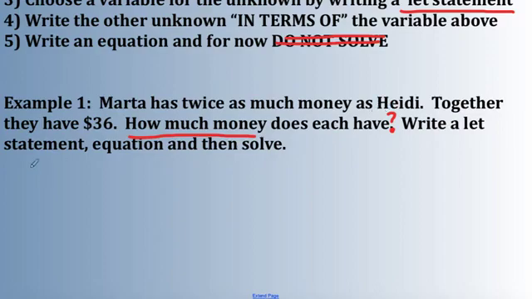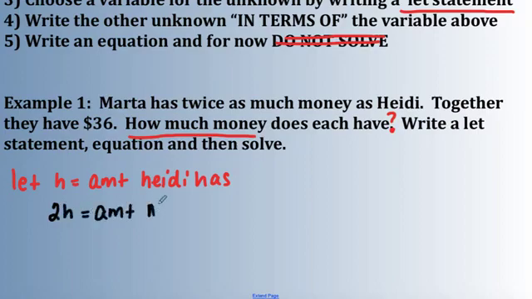So Heidi has less money, so I'm going to let H equal the amount Heidi has. And then I'm going to write my other one in terms of Heidi. Marta has twice as much as Heidi, so that would be 2 times Heidi. That's the amount Marta has.